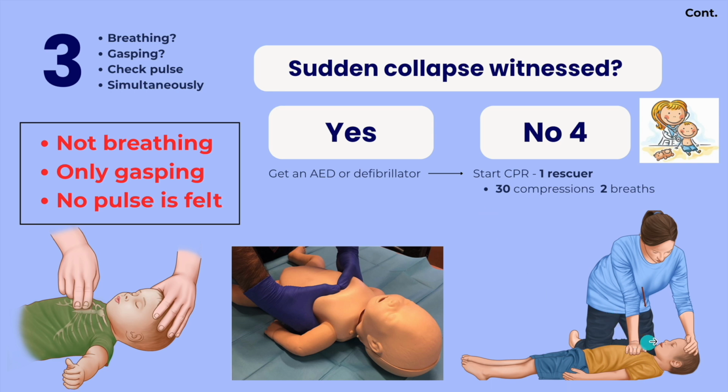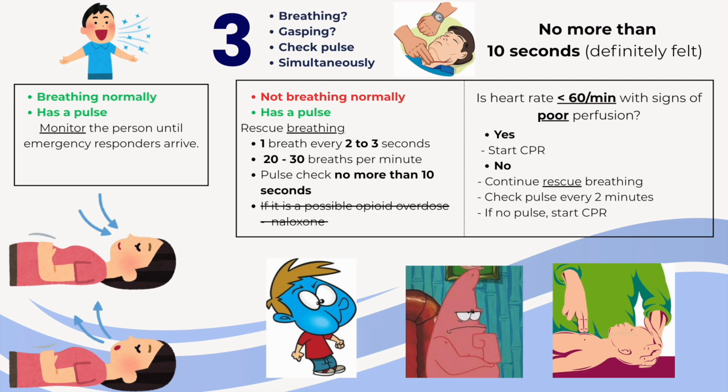And the third image shows how to do it for a child using 1 hand, or sometimes you can add the second hand too. And of course, if we did not activate the emergency response system and AED, we need to do that. And when the AED is available, put the pads on.